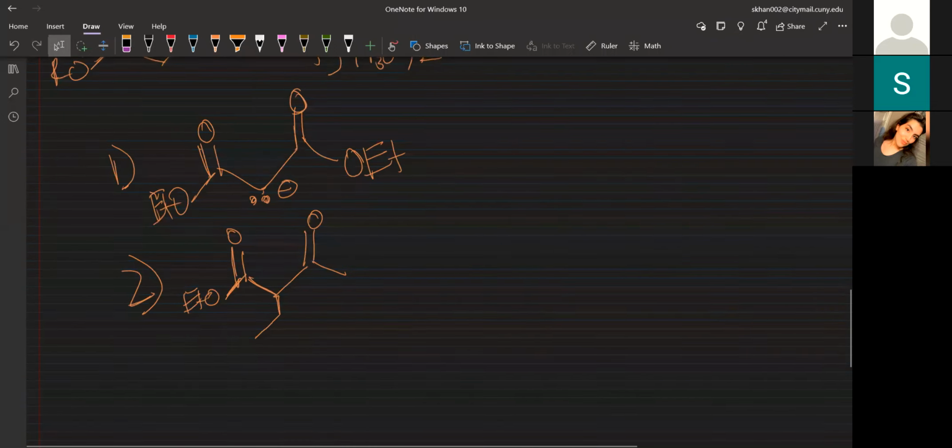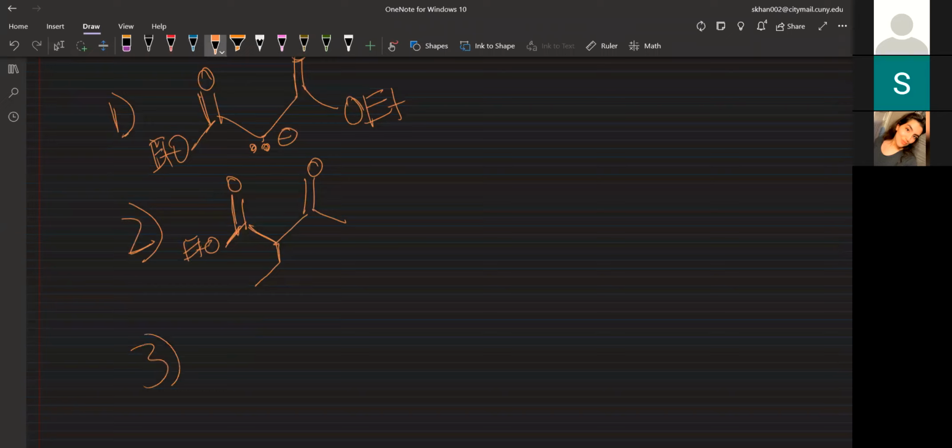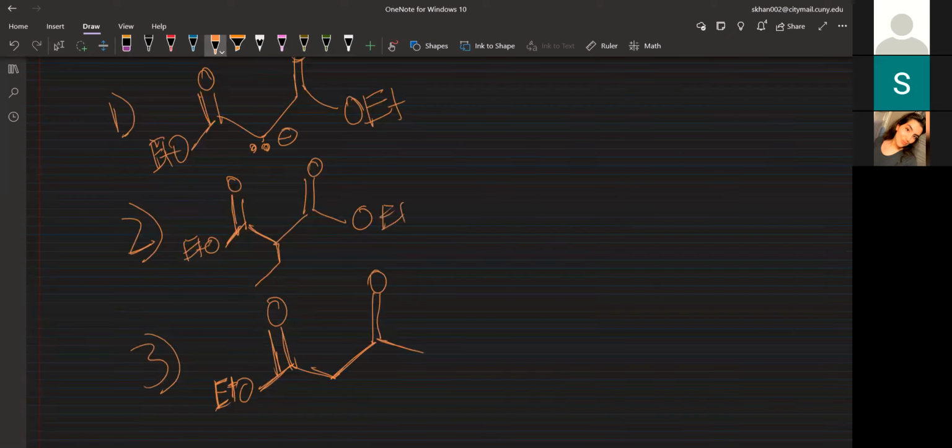Now the next step is deprotonation again, so another molecule of base comes in. Forgot my OEt here.